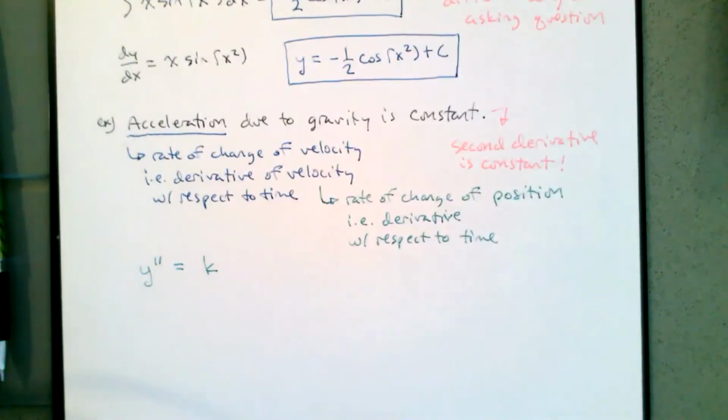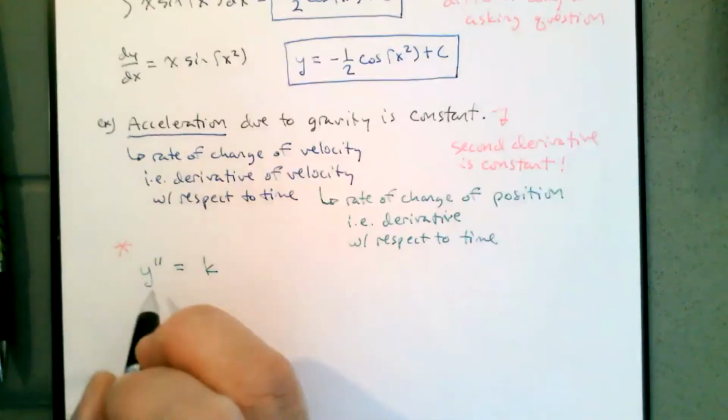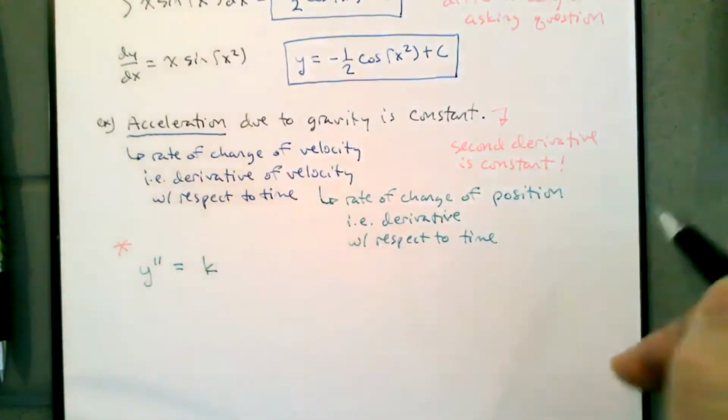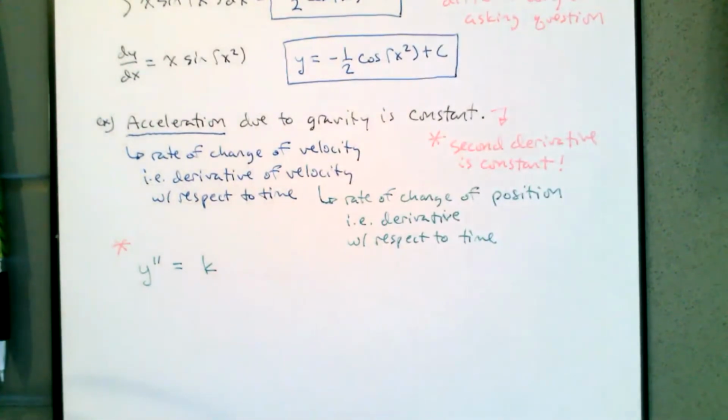And if we want to say the second derivative is constant in equations, that's right here. We say the second derivative is some constant. So we're setting up an equation involving the second derivative of the position.